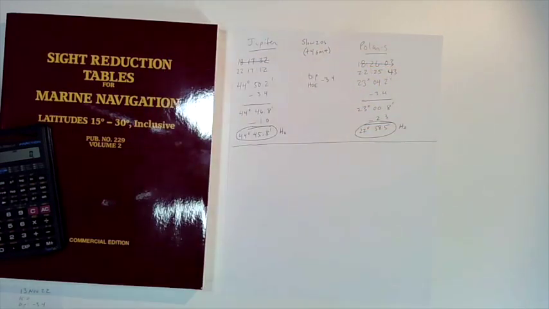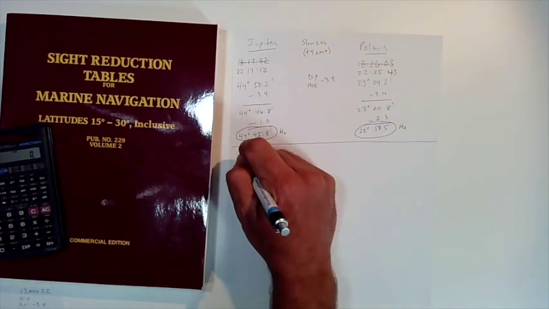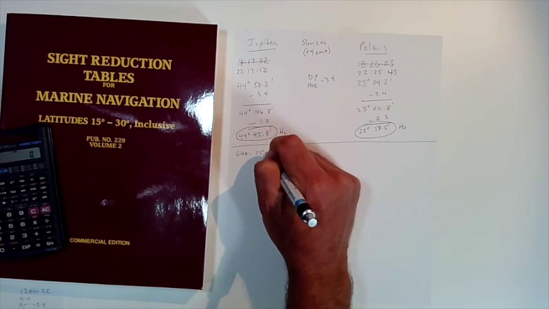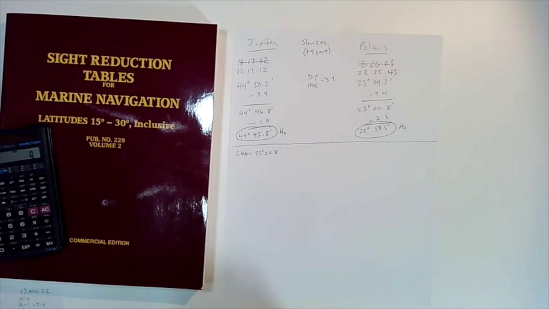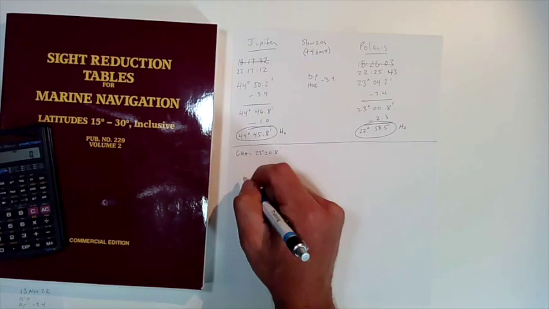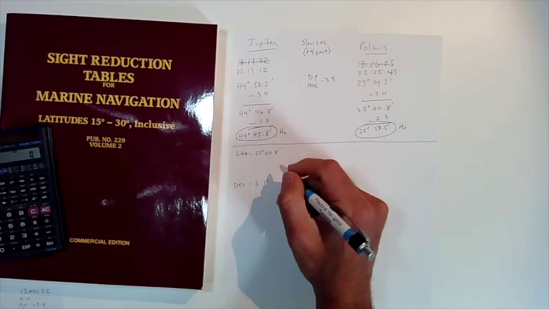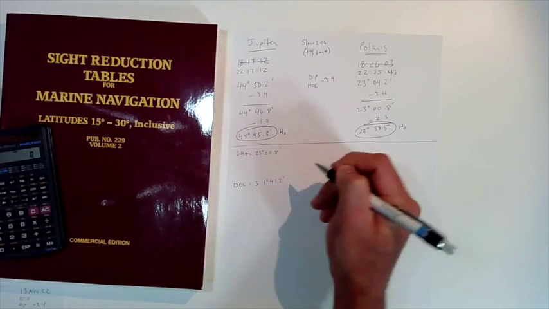So I'm just going to write that down: GHA is equal to 23 degrees 20.8 minutes west of Greenwich, and the declination is south 1 degree 47.2 minutes.